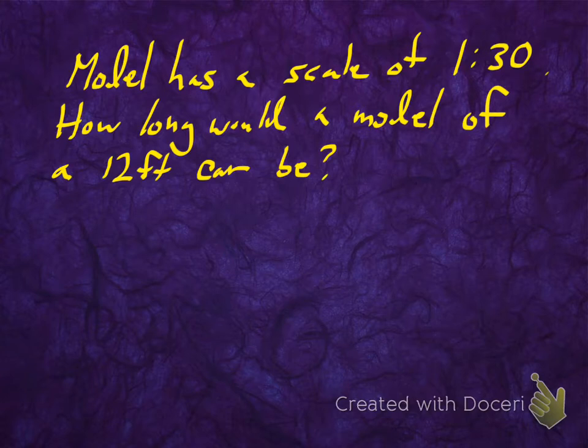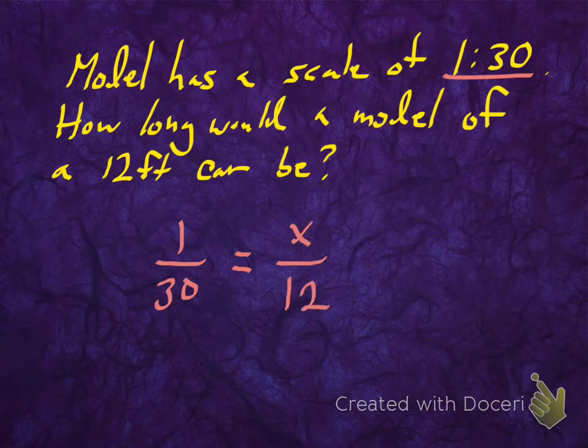So let's start with the rate. The rate is 1 to 30, so we set it up as a proportion, 1 to 30. Now the 12 is the big thing, the real thing, so it goes on the bottom, and we put x on the top. I could cross multiply and divide and get the answer in feet. Or I could realize that if I'm making a little model, it might make more sense to measure it in inches.